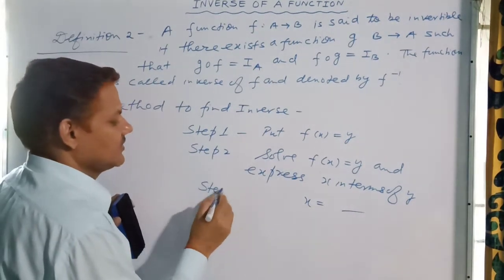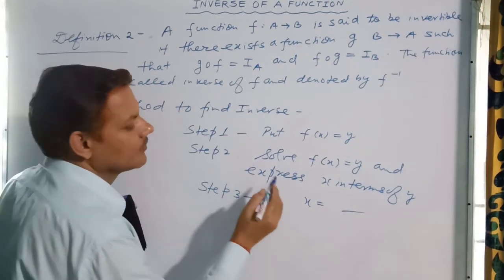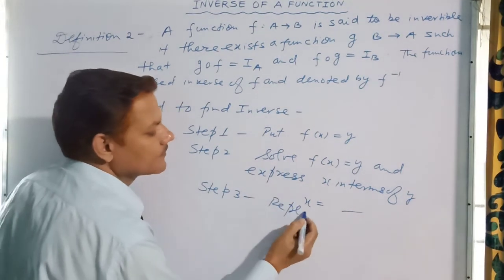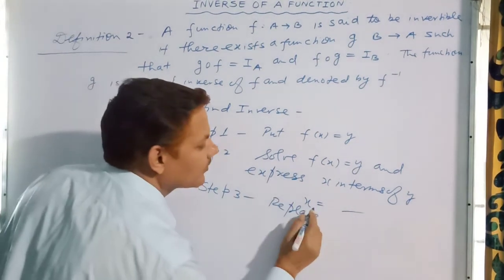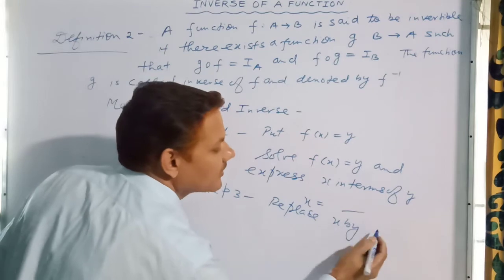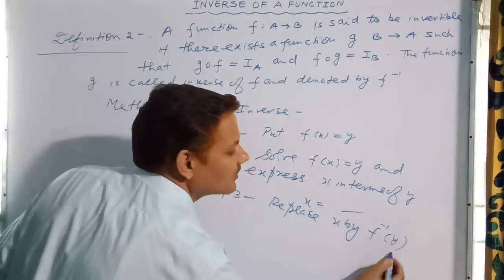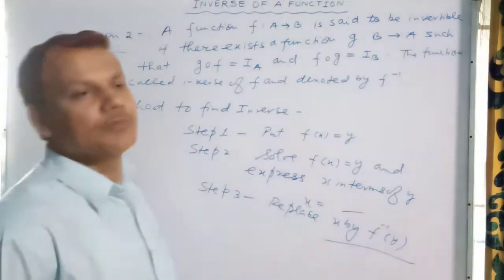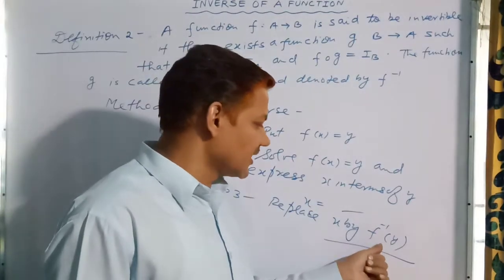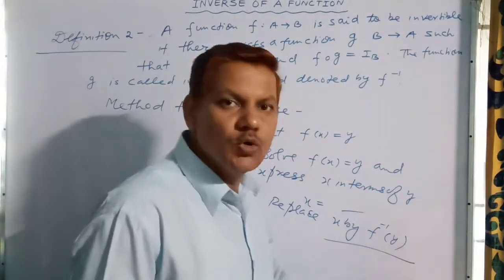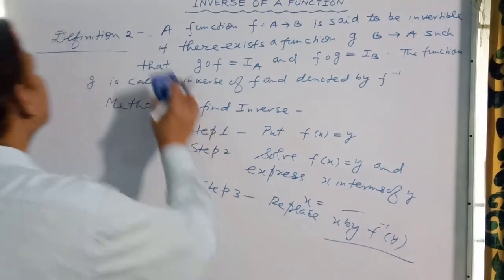Now step 3: replace x by f inverse of y. If it is given to prove, then after getting the inverse we again put y equal to x. This is the rule to get the inverse.